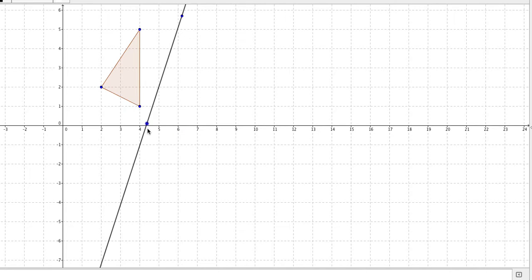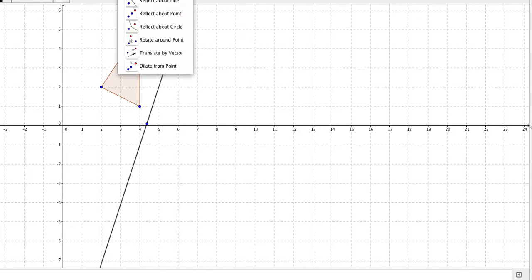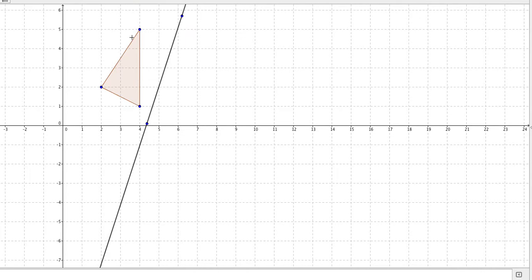Remember, in reflection we want to flip our triangle over that line, just like a mirror image. So if I reflect it over that line, I simply get my triangle, choose the line of reflection, which is this one, and that is the mirror image of this particular triangle.